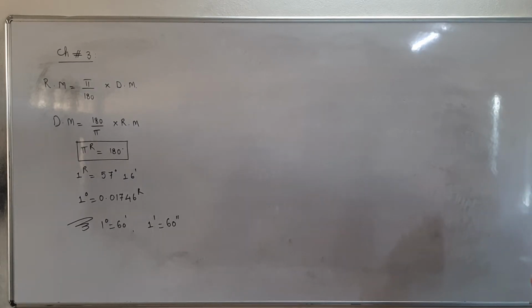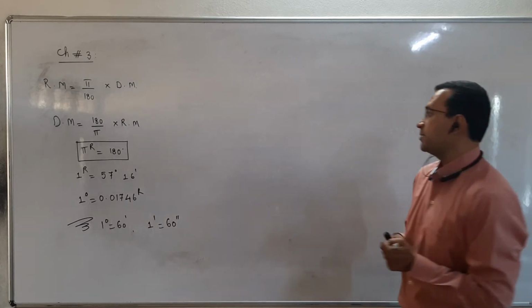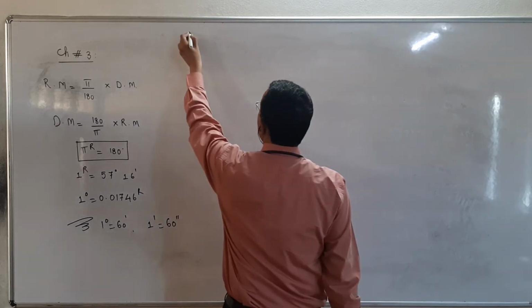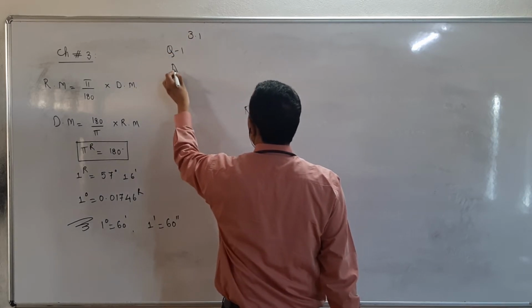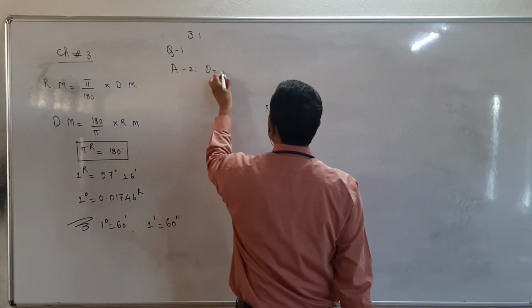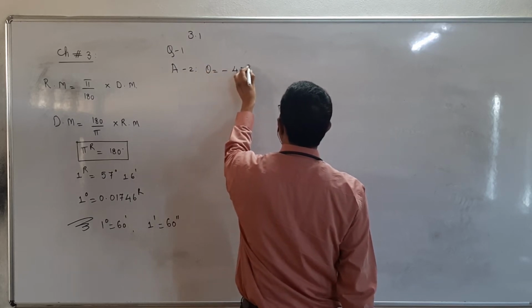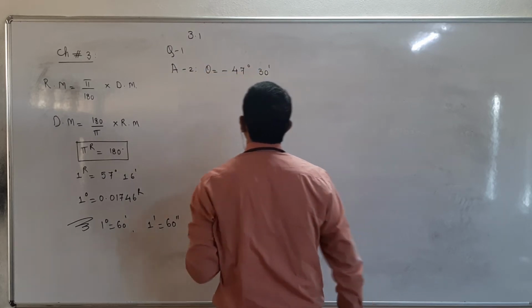Now students, in exercise 3.1, we revise a few sums. The first question: convert the following degree measures to radian. Let us do the second part of main question 1. Exercise 3.1, main question 1, part 2. Theta is given as minus 47 degree 30 minutes.